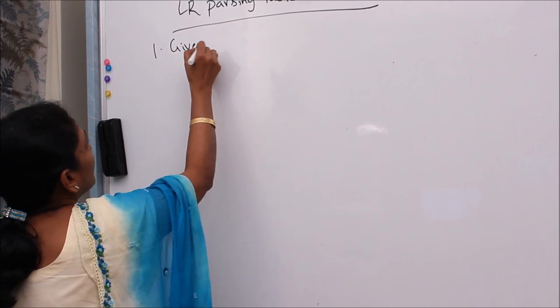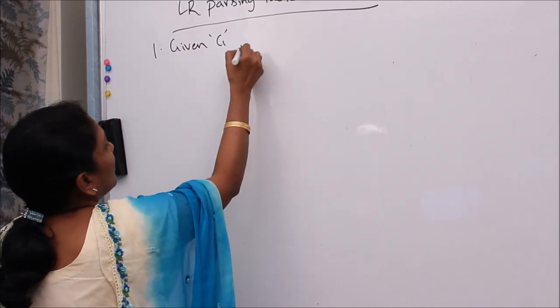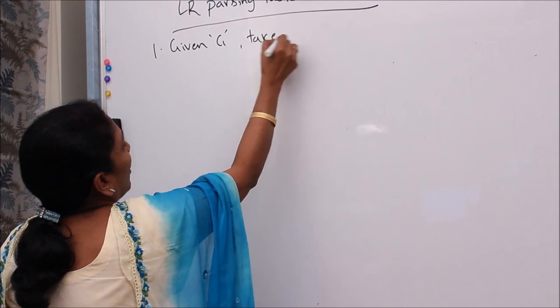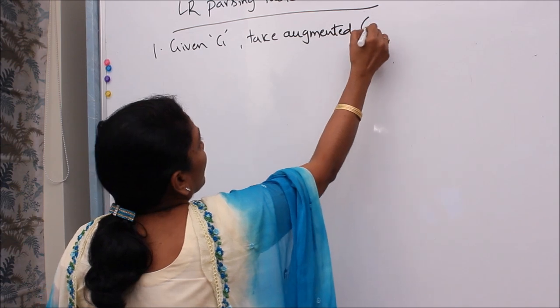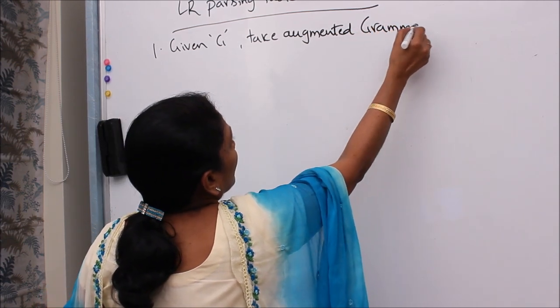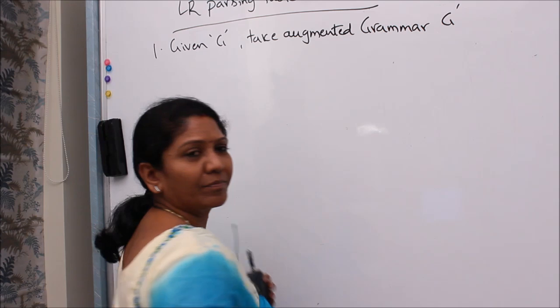given a grammar G, take augmented grammar, which we call G dash.